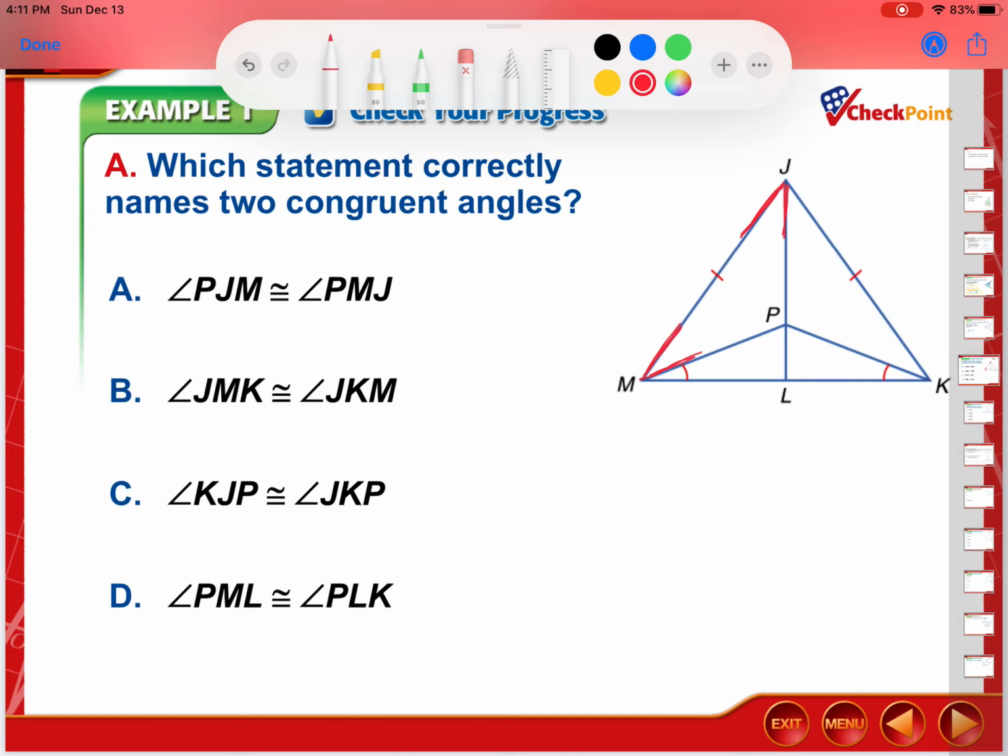They look congruent, but there's no markings that can prove to us that they are congruent. So I'm going to put a little question mark by that one right now, because that might be the right answer, but since there's no markings, I'm guessing it's probably one of those trick answers that they like to throw at us.